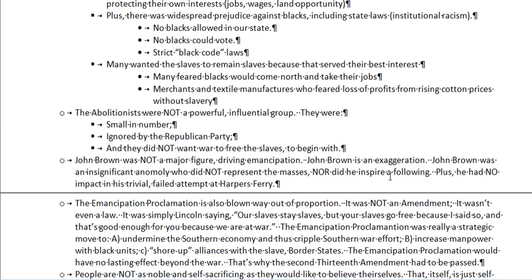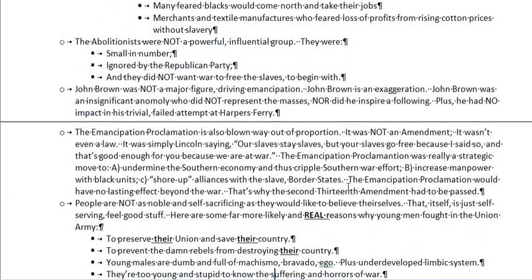So he's not driving a big movement here. Plus, he had no impact in his trivial failed attempt at Harper's Ferry. He killed 5 people and rampaged for about a day and a half, 36 hours. Then he's arrested, he's tried, he's hung. Okay, great. That dies.